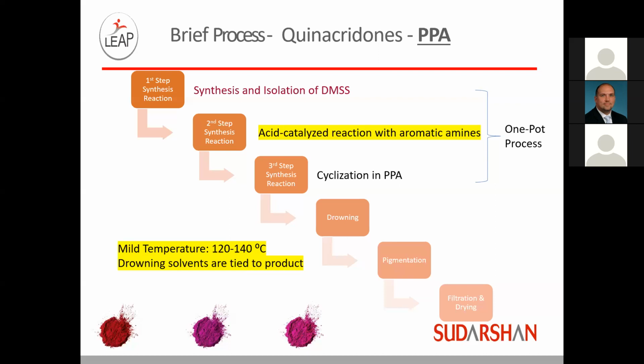The PPA process is a much more mild process in terms of temperature, typically in the 120 to 140 degrees C. The other thing that makes it a little bit more unique in process is that the drowning solvents that are used are typically tied to the end product that you're trying to develop. And so you'll see that in a little bit, the examples of that one. So this is a more chemistry specific process by use of that drowning solvent.